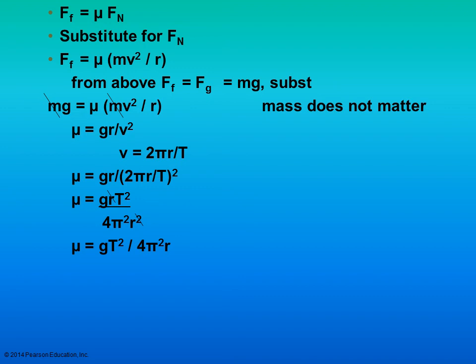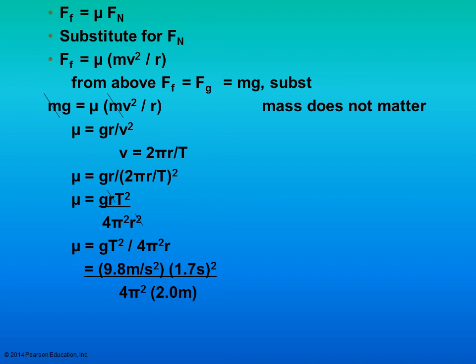Do we know those numbers? Well, we know g. The period was given to us, 1.7 seconds, divided by 4 pi squared, and the r was given to us. So I'm just substituting in what the problem gave.